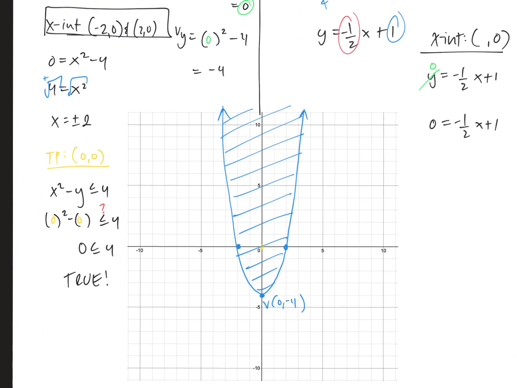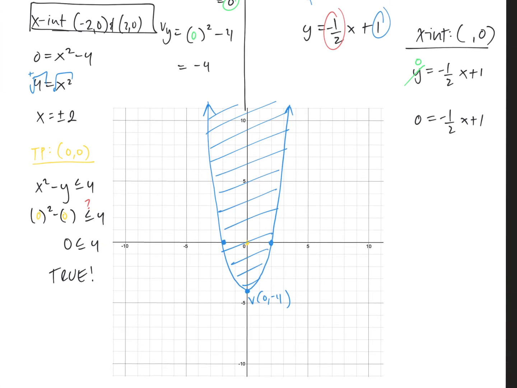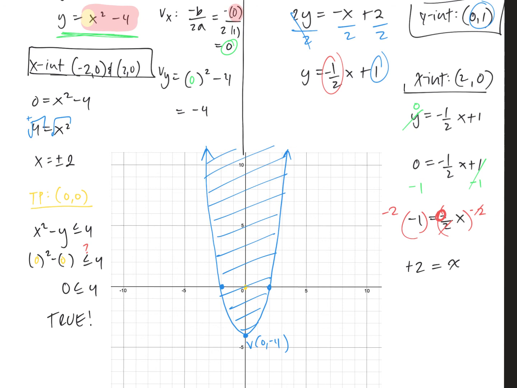Subtracting 1 from both sides, we get -1 equals -1/2 x. Multiplying both sides by -2, sorry, to get rid of the negative half right there, we get 2 equals x. So my x-intercept is 2, 0.